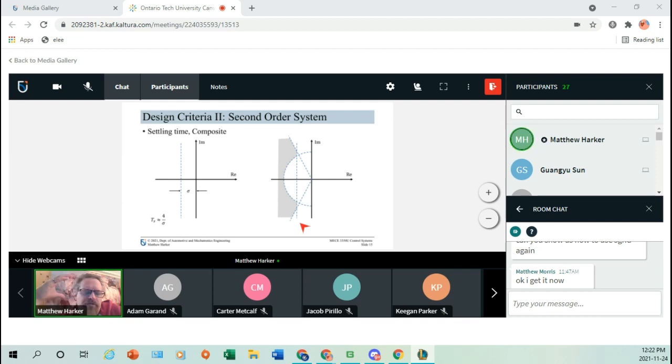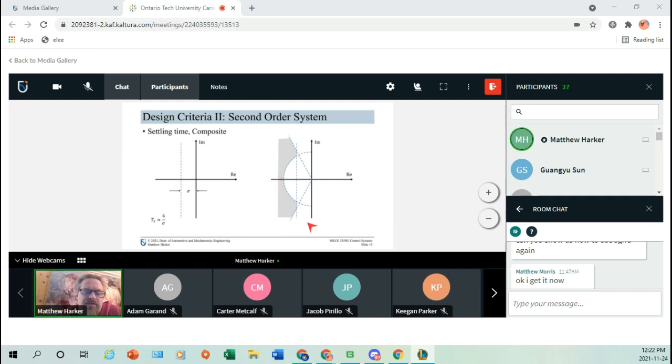We do want to limit overshoot, so parts don't bump into each other. We have a more efficient system in terms of, say, fuel usage or whatever. So stability is one criterion, which says it's this whole half plane here.